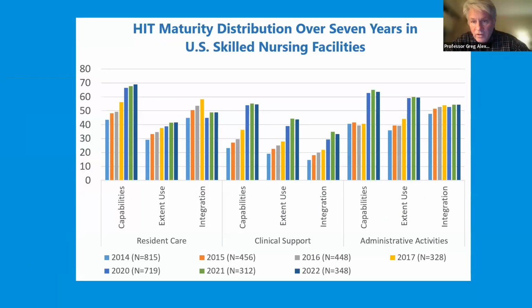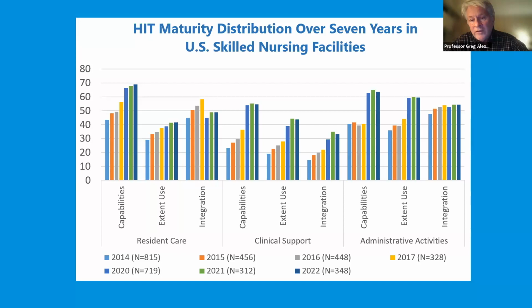Over the last 7 years, actually it's been 10 years, but it's taken 10 years to collect 7 years' worth of national data here in the United States. I've collected data on more than 2,000 nursing homes over the course of 7 years.